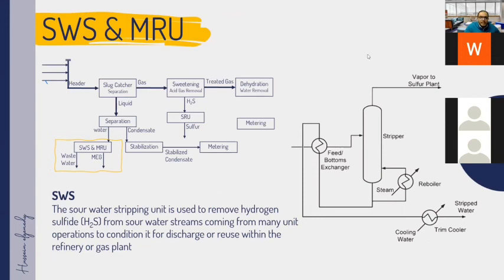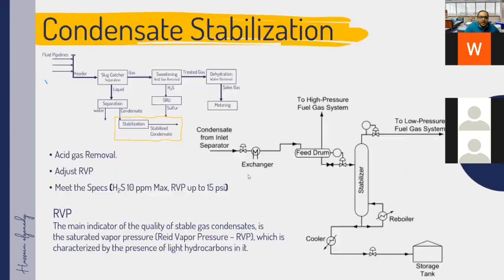There are a lot of mediums we can use in the exchanger. Here we can use the product instead of using a cooler. We can use the product to be exchanged with the inlet stream, or we can use steam.